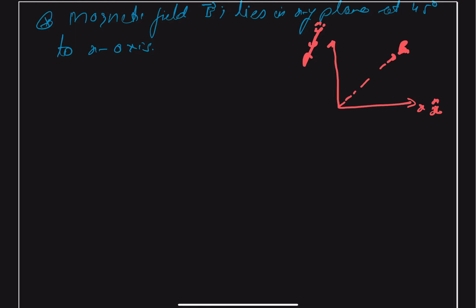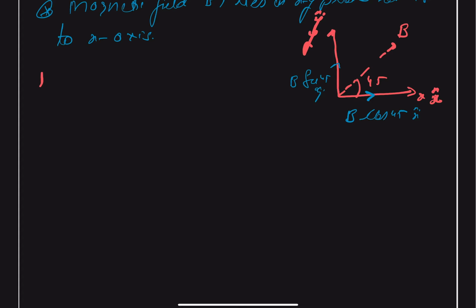This is our B. Therefore, along x-axis, we can write this as B cos of 45 with x unit vector, and along y-axis we can write it as B sine of 45 with y unit vector.